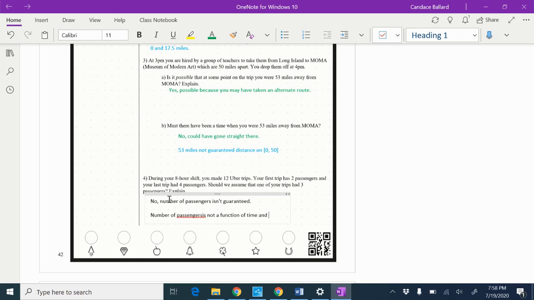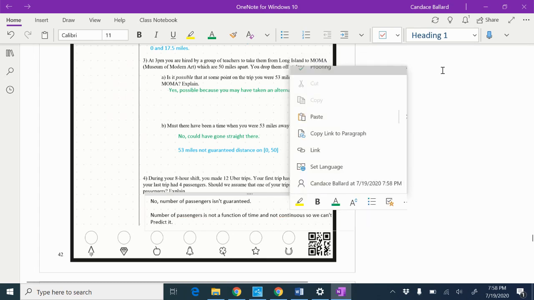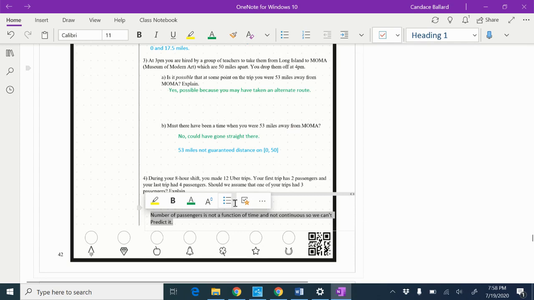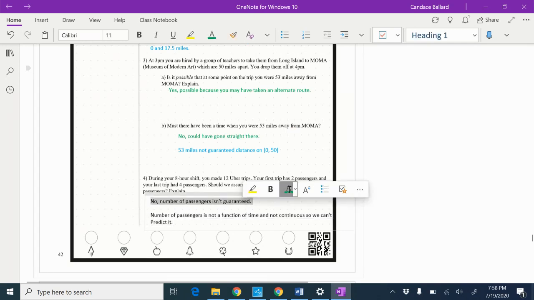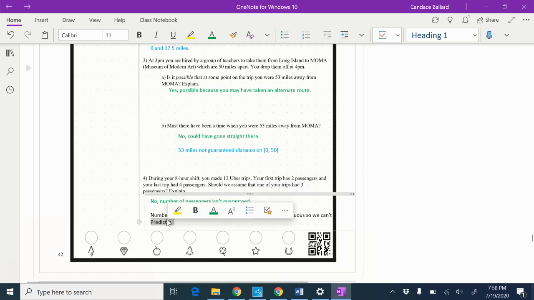And not continuous. So we can't predict it. All right. Let's see. No, continuous. There we go. Okay, so this one's green. This one's blue.